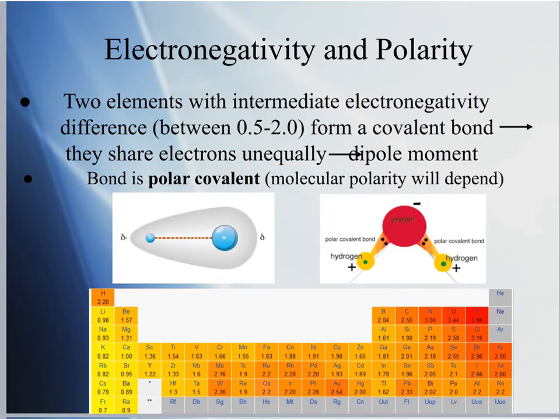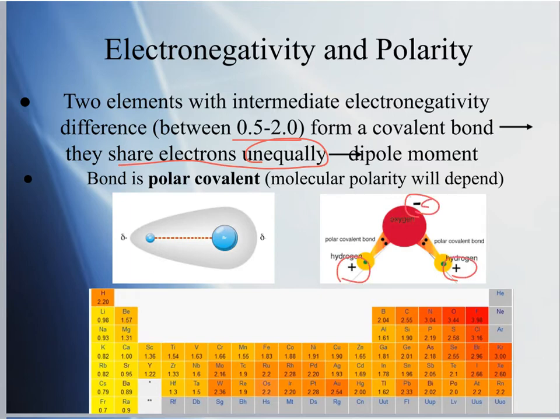Now, if we find two elements that have intermediate electronegativity differences, meaning that if we subtract their electronegativities and we get a number between 0.5 and 2, that means that they are sharing unequally. So this is where the big brother is being a hog over the electrons compared to the little brother. Kind of like what we talked about in the water molecule a couple slides ago. So this is going to set up positive and negative ends.